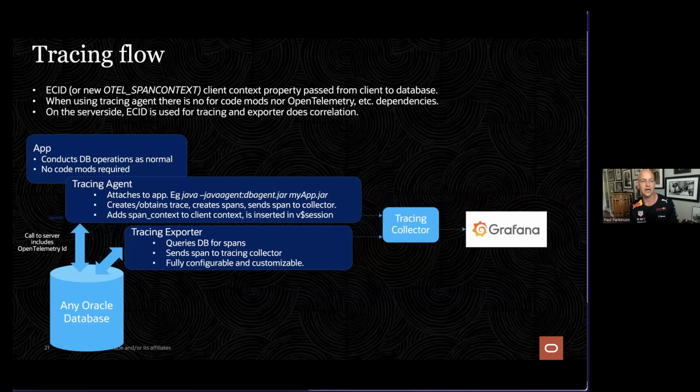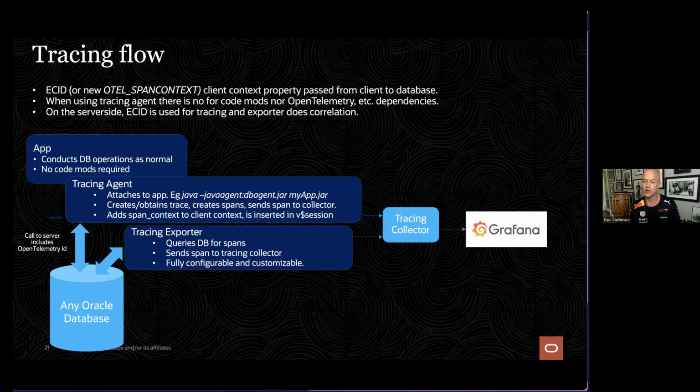As I say, currently we're reusing the execution context ID, the ECID, and in future versions, we're developing actively in this space. So we're doing a lot in the database as far as convenience, instrumentation, APIs, and things like that. But the ECID is being reused now. We'll have a new span context ID that can be used in the future.